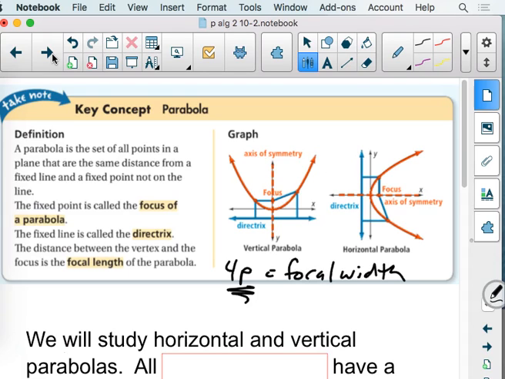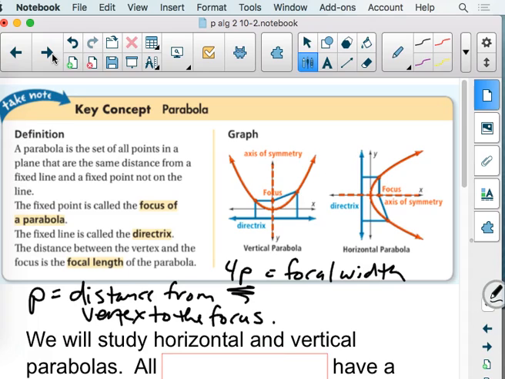And that focal width is related to, of course, how wide the parabola is at the focus. But p, that's sometimes what we have to find, that lowercase p. And what that is is the distance from the focus to the vertex, or distance from vertex to the focus.